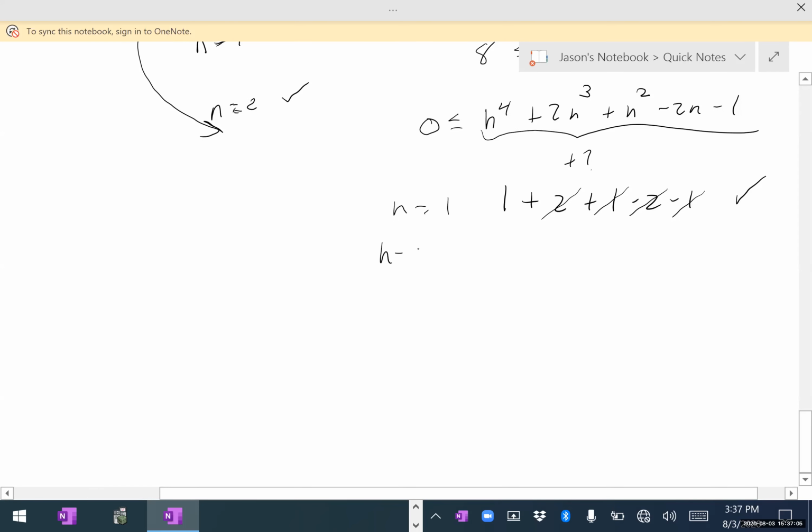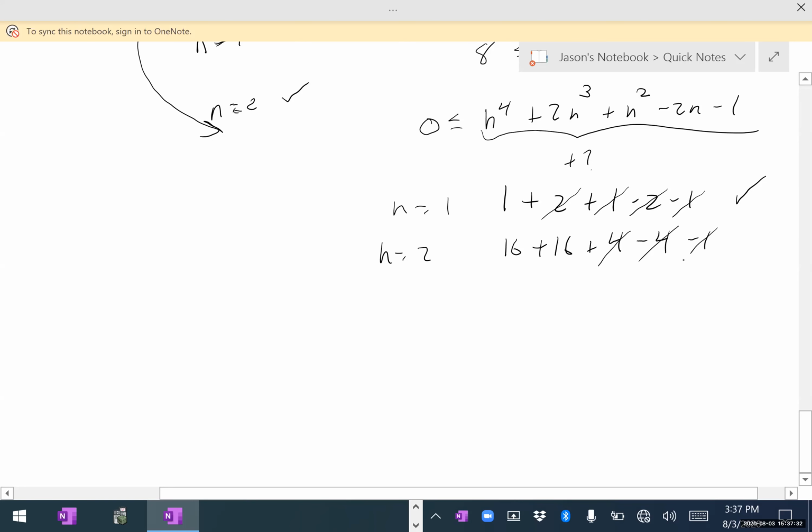What about n equals 2? If n equals 2, then what's going to happen here? I'm going to get 2 to the fourth, which is 16, plus 2 to the third, which is 8 times 2, which is 16 again, plus 2 squared, which is 4, minus 4 minus 1.